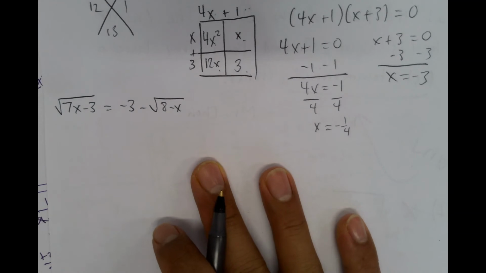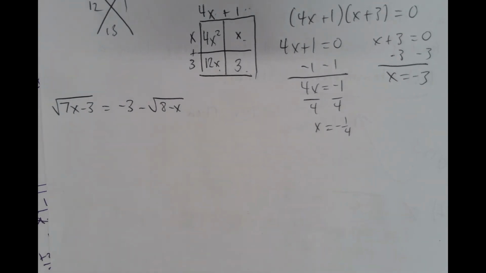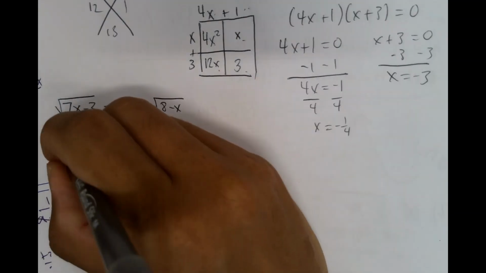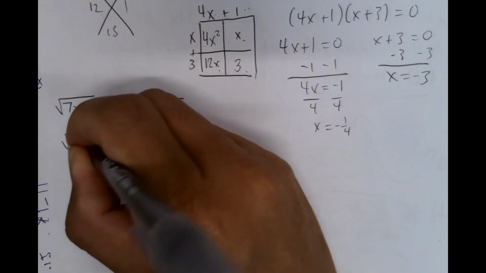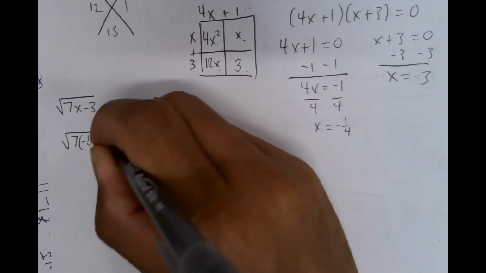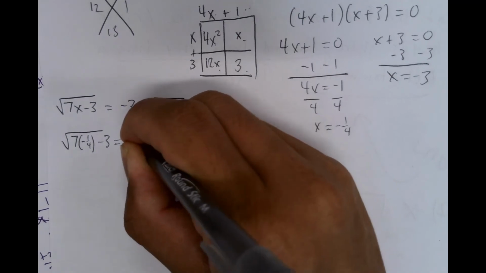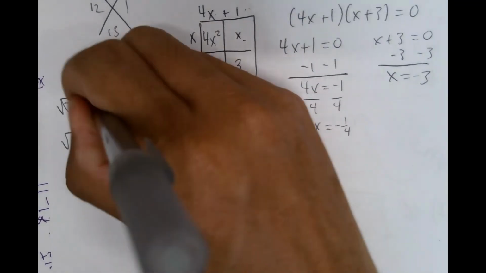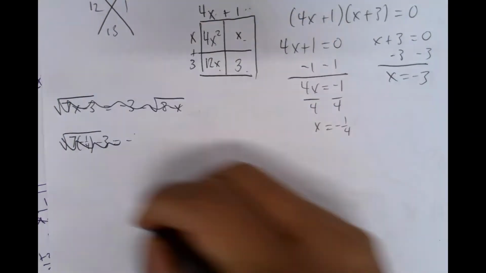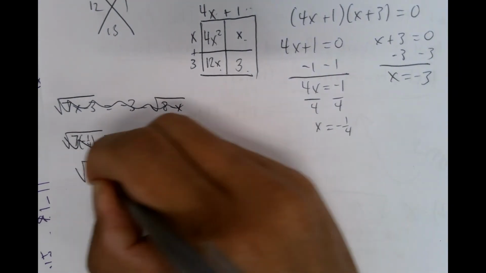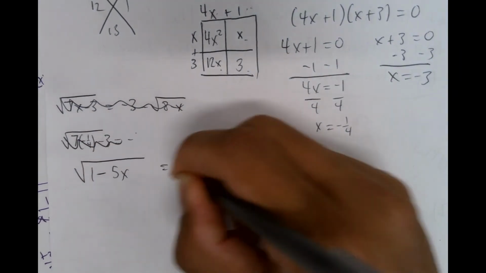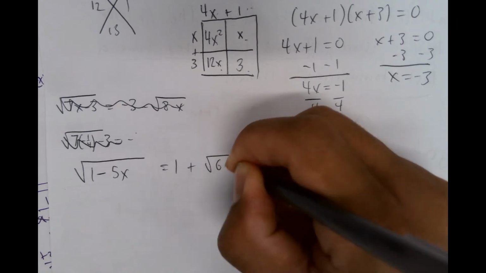Okay, so all you have to do is plug it in, right? So all you do is you do 7 times negative 1/4 minus 3 is equal to negative, oh wait, sorry, this is wrong. Sorry, these numbers are a lot easier. 1 minus 5x equals 1 plus the square root of 6 minus x.